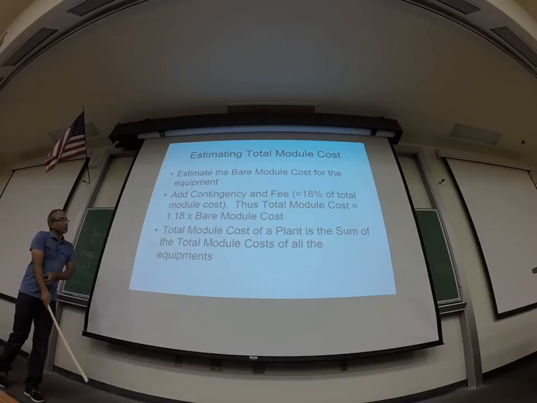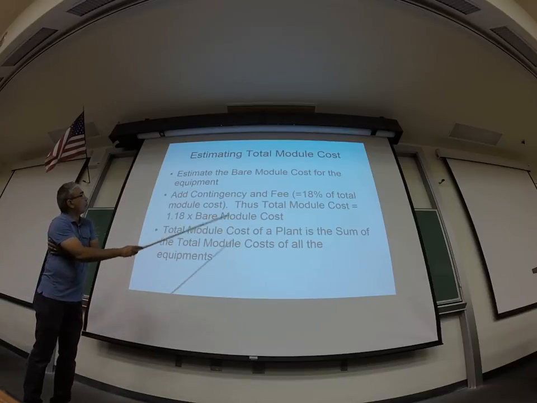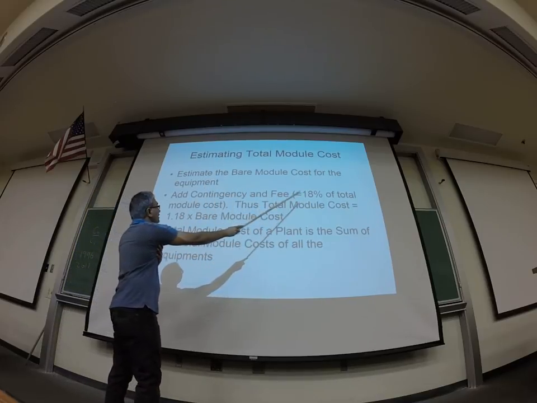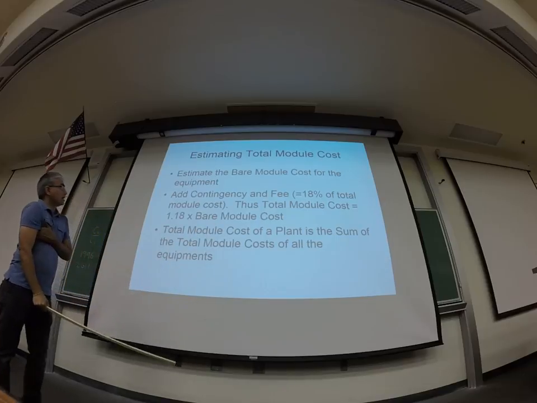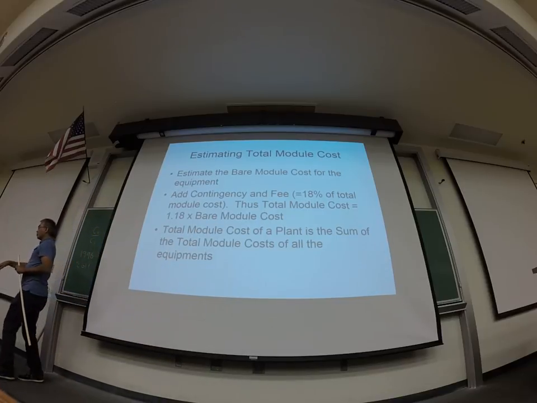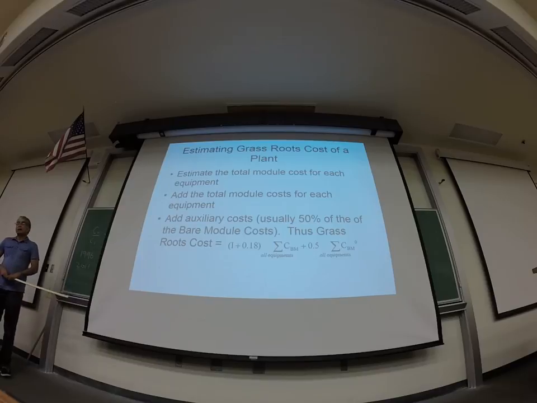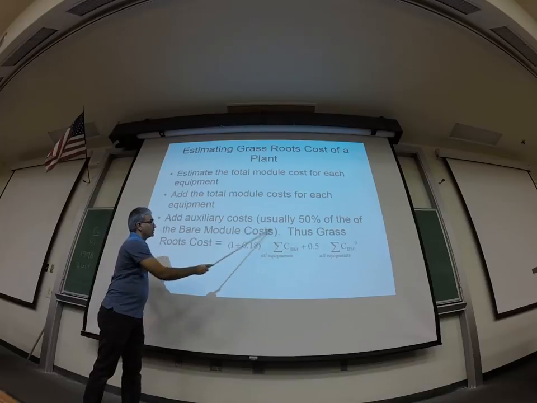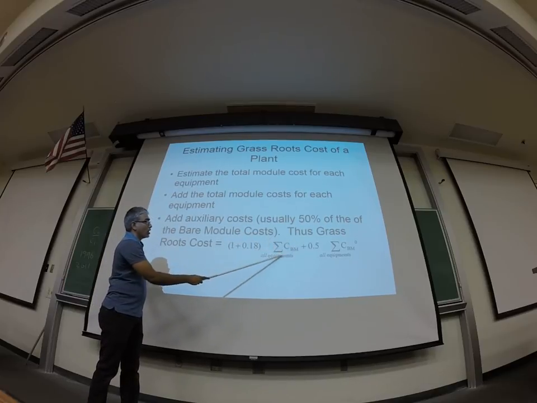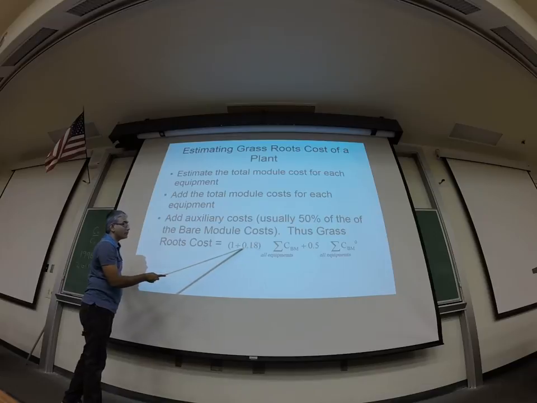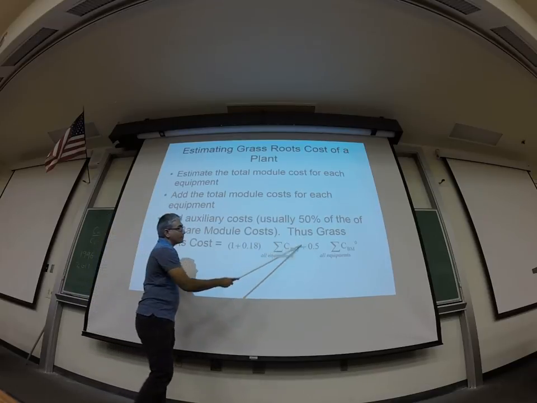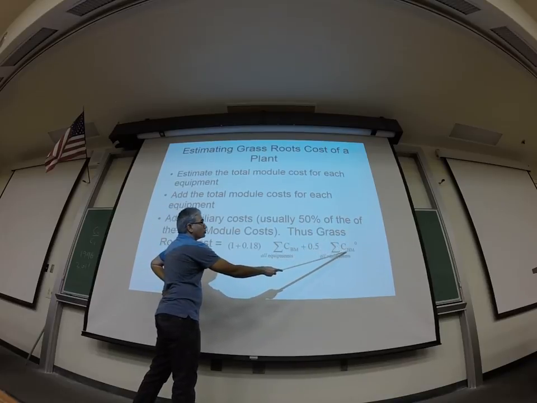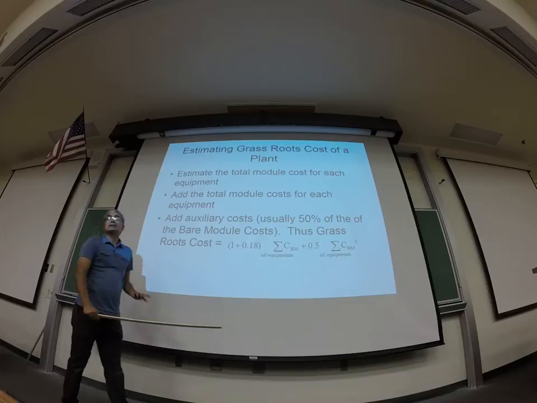So that's pretty much it, except as I said, if you want to go from bare module cost to total module cost, you add contingency and fee, which is 18% of the costs. And if you want to do a grassroots cost, first you sum up the bare module costs, then you take an extra 18% for contingency and fee to get the total module cost, and then you add the grassroots cost, which is 50% of the bare module cost at the base condition.